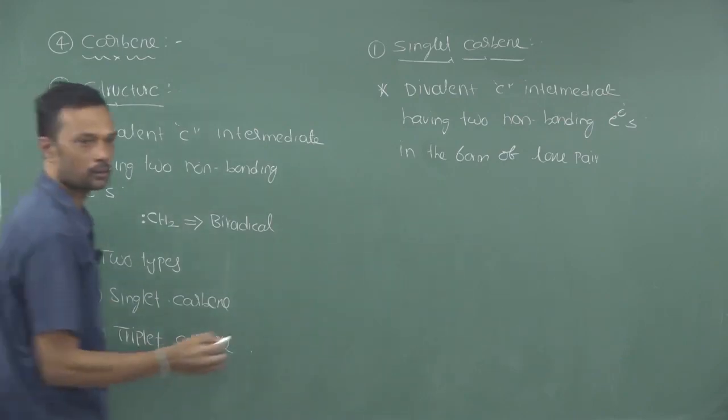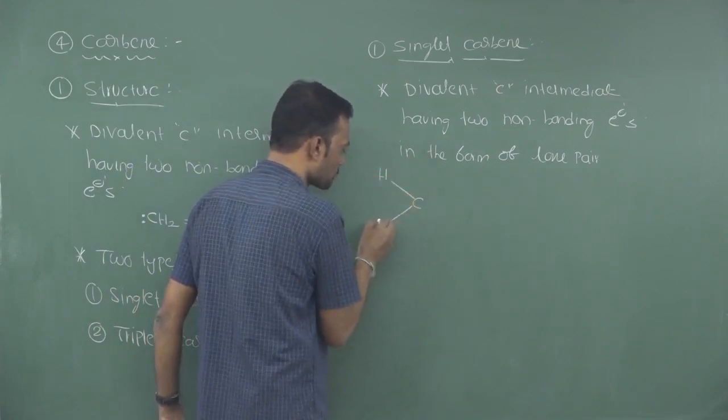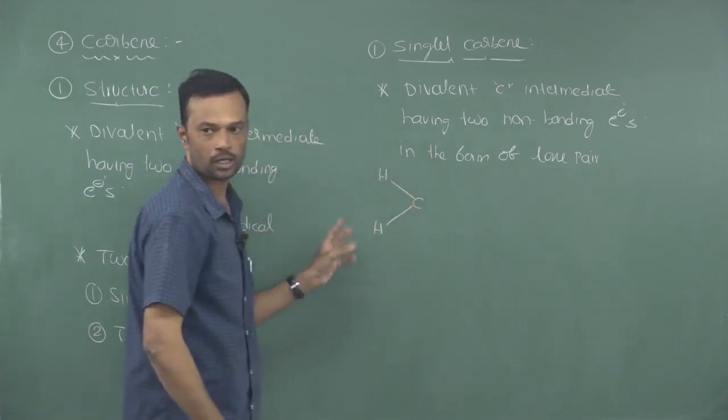They exist as a lone pair, which means carbon has how many bonds? Two bonds. Listen carefully. From here onwards, be careful.